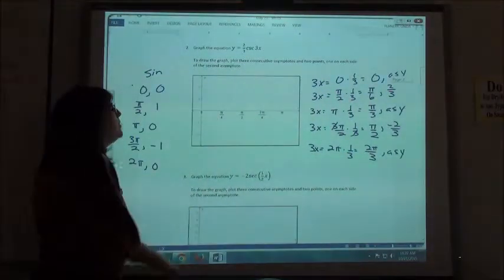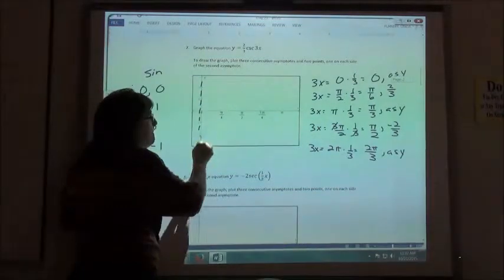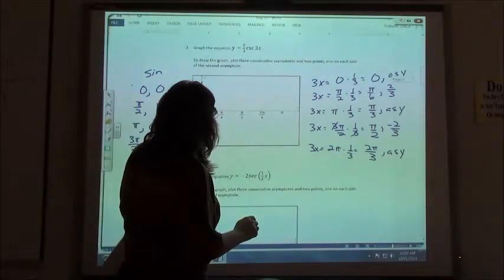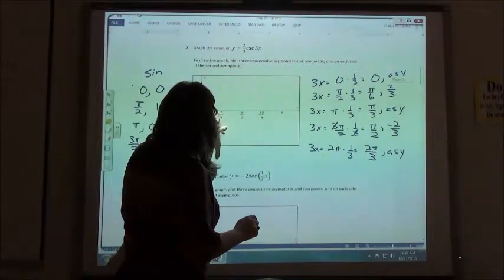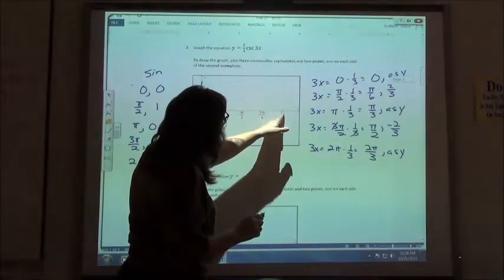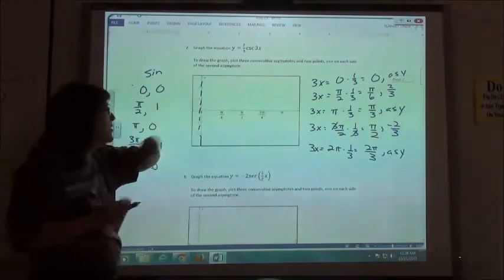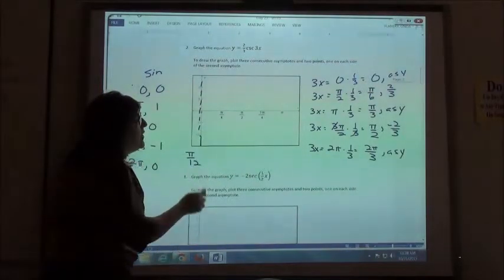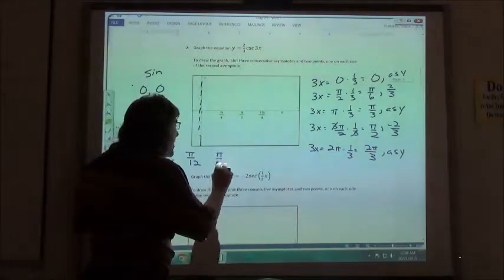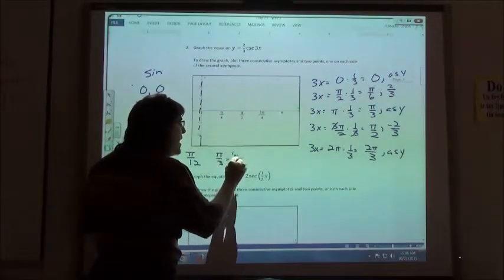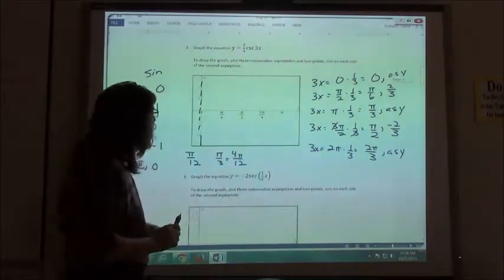So my asymptotes are at 0, at pi over 3. Pi over 3, let's see, what units are we in here? 1, 2, 3, 4, 5, 6, 7, 8, 9, 10, 11, 12. There are 12 between 0 and pi, so each one is pi over 12. If I have to do pi over 3, making my equivalent fraction, 3 goes in there 4 times, so I need to do 4 pi over 12.